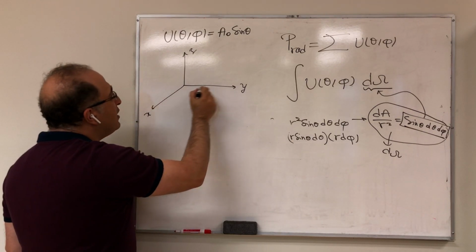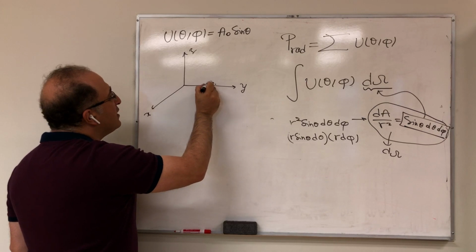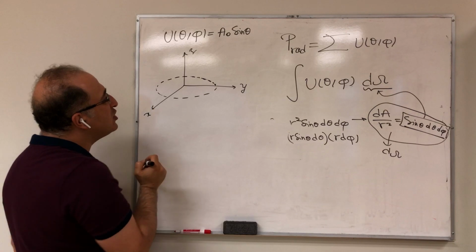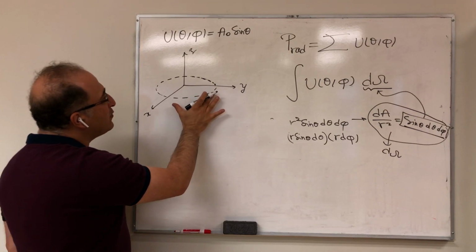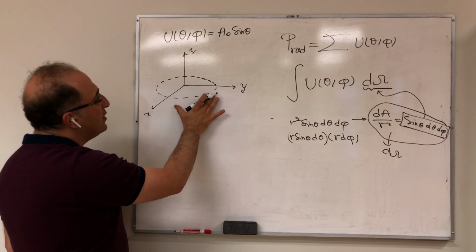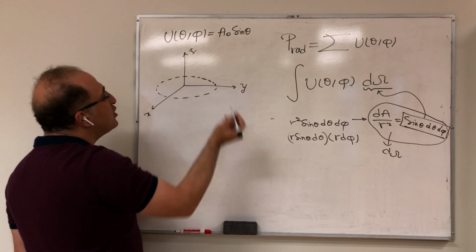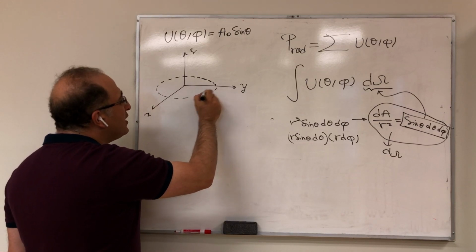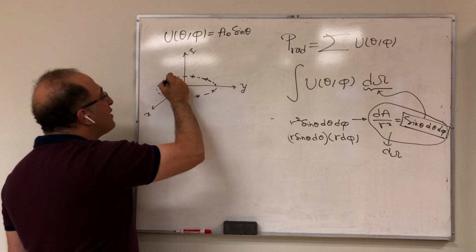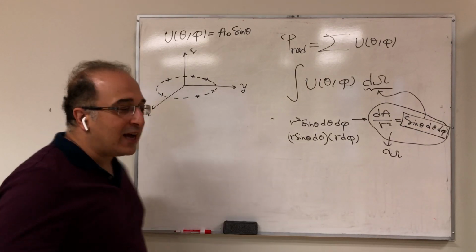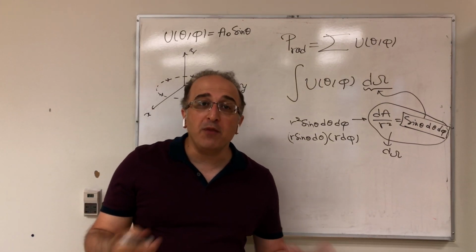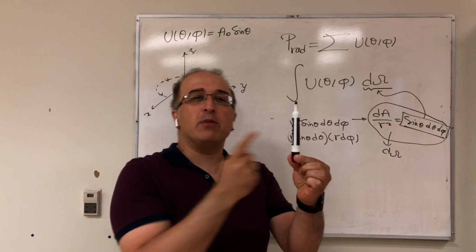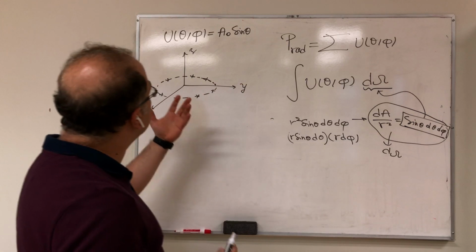Phi means you, for example, assume that you are in the xy plane and you're just going around, changing phi, because if you are in the xy plane, your theta is 90. And this does not depend on phi. That means that if you go from here to here to here and so on, you see the same thing. So that becomes exactly like our dipole antenna. If that was my dipole antenna, if I go around it, because of symmetry, I see the same thing. So this is the same type of antenna.